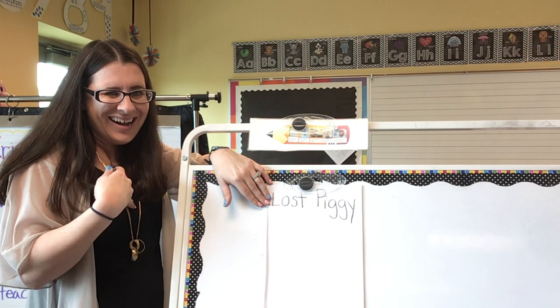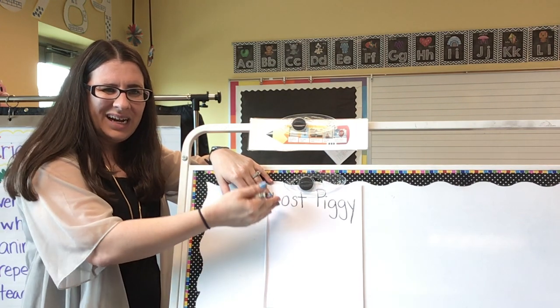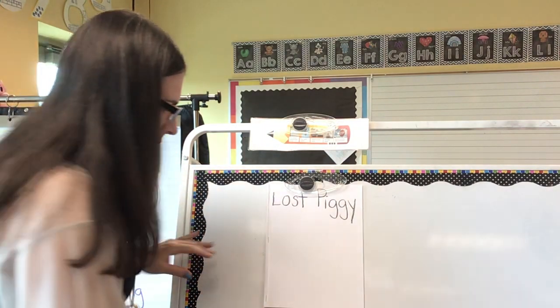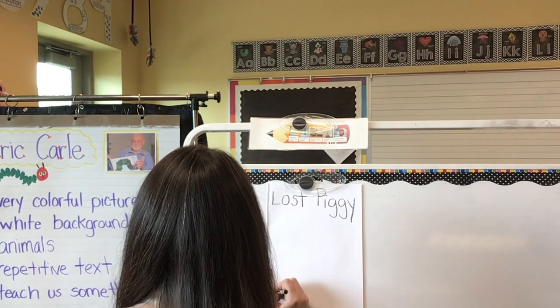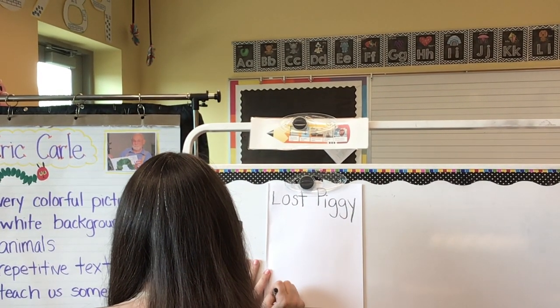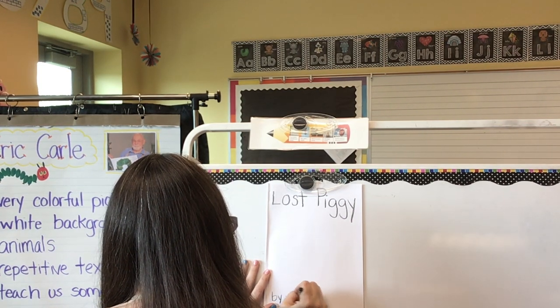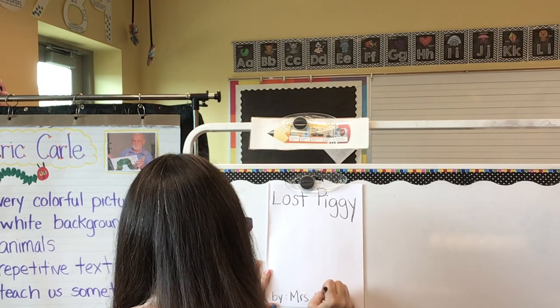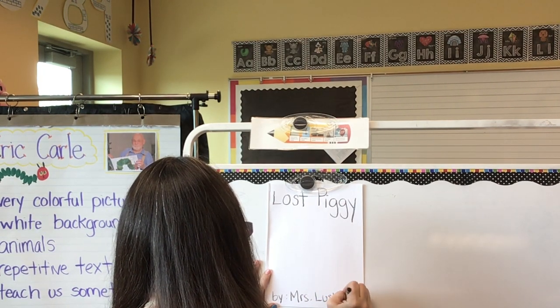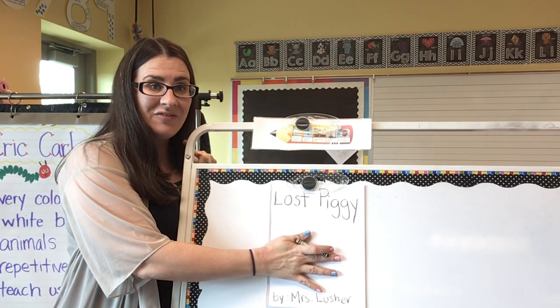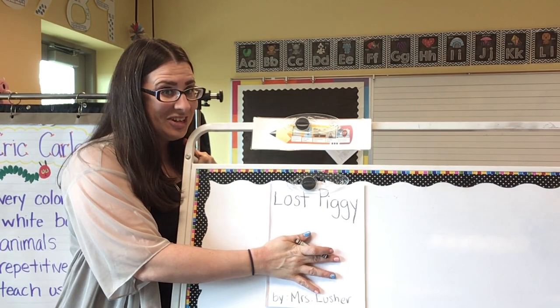And as an author, I always write my title at the top and usually my name at the bottom. So I'm just going to go ahead and keep doing that because it works for me. We all do different things. Let's see. All right, so there is my author's name. The only thing left is my illustration for my picture.